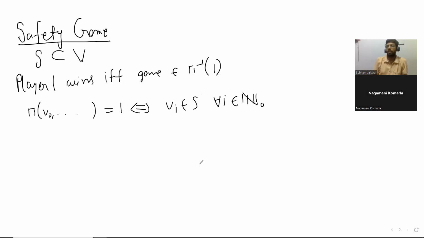So, can you think now what will be the winning vertices? In this case, what will the winning vertices be? What are those vertices such that if player one starts from there, then he can ensure that he always stays in S, because that's the criteria for winning.